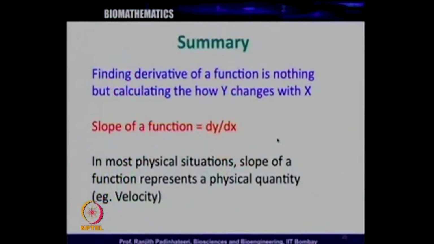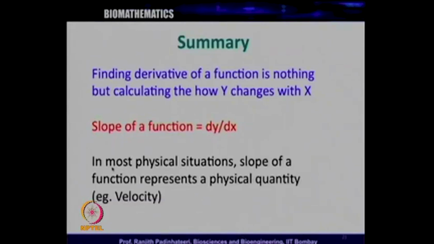Now let us summarize what we learned today. We learned that finding the derivative of a function is nothing but calculating how y changes with x, and the slope of a function is nothing but dy by dx. If the change in x is dx and the corresponding change in y is dy, their ratio gives the slope or the derivative.